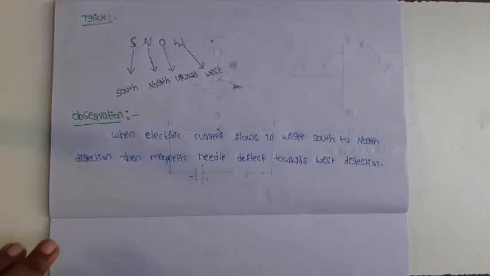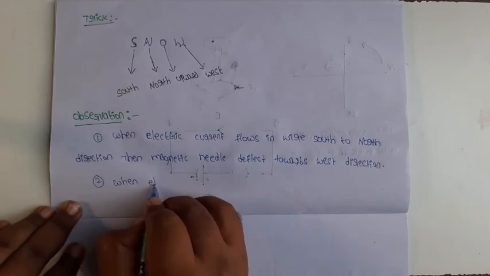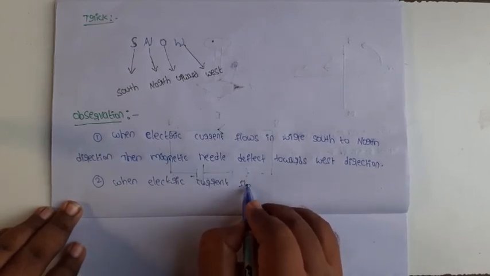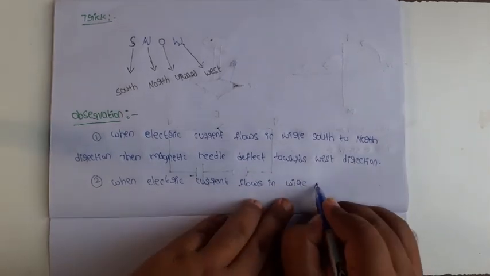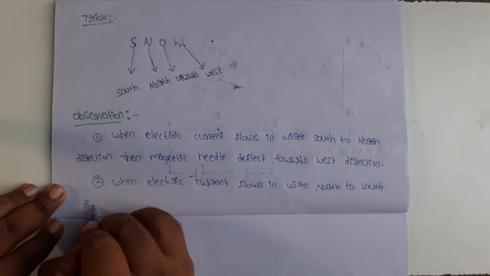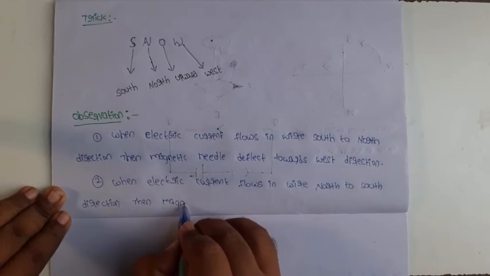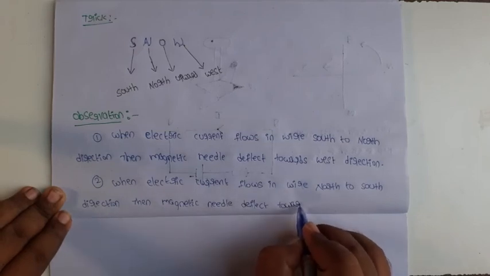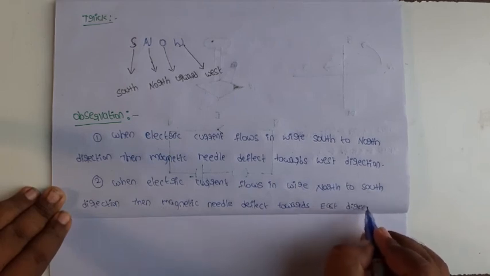That is the first observation. Next, second observation: when electric current flows in the wire north to south direction, then the magnetic needle deflects towards the east direction.